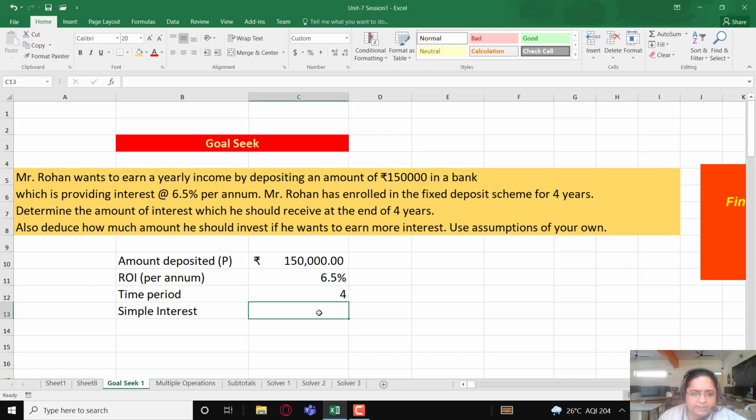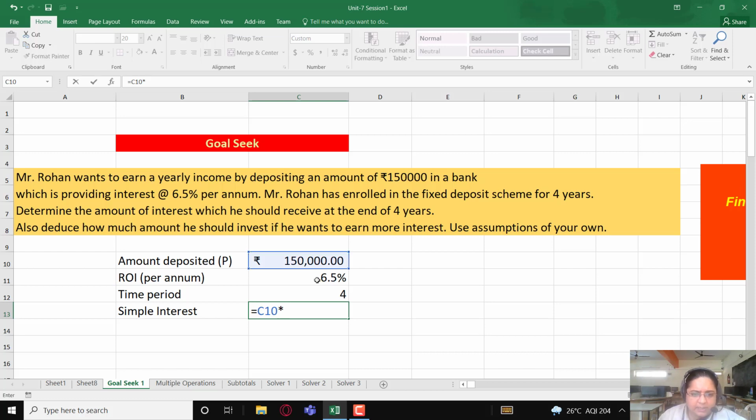Yes, so students, the problem is we have already expressed 6.5% interest rate as percentage. So what this actually does is it already divides it by 100. So the meaning of this percentage sign attached to 6.5 is it is 6.5 divided by 100. So we don't have to explicitly divide everything by 100.